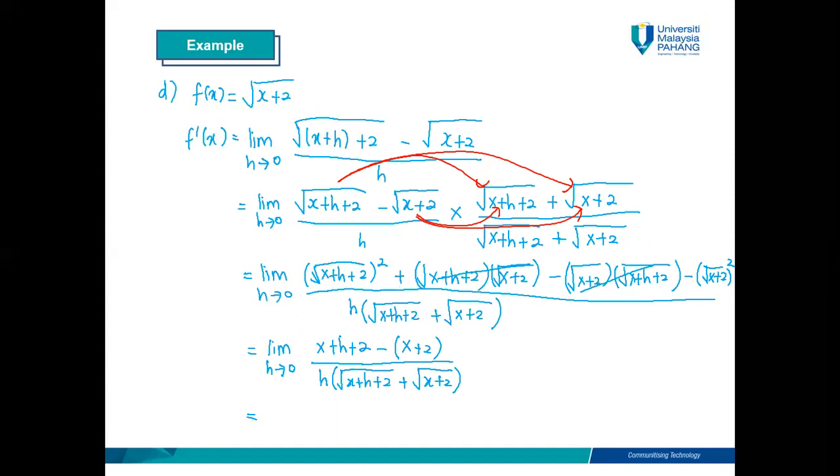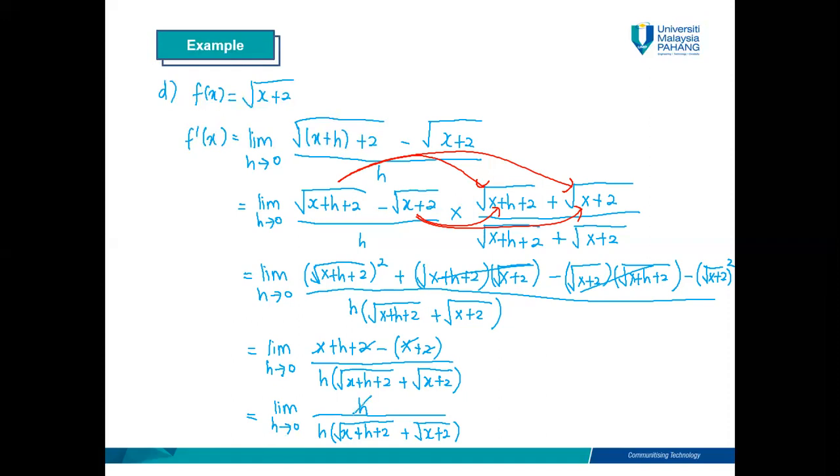Apa you nak buat? X minus x habis, 2 minus 2 pun habis. Yang tinggal adalah limit h over h square root of x plus h plus 2 plus square root of x plus 2 when h approaches to 0.